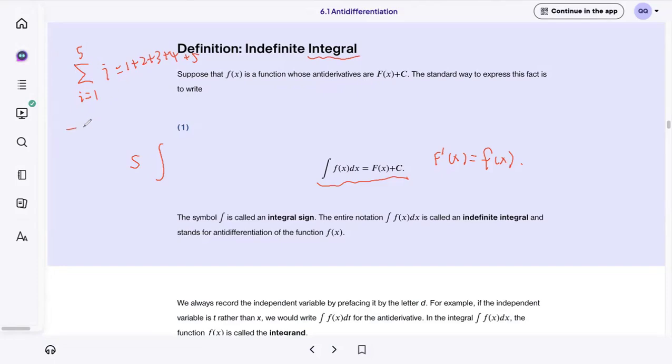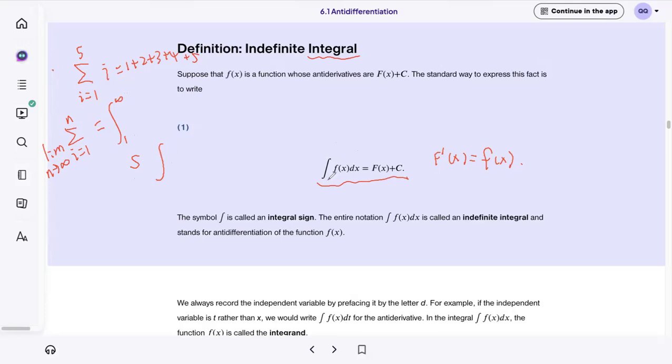If we take i equals 1 adding up to n, and now take the limit as n runs to infinity, the sign becomes something like this, 1 to infinity. So basically, this is an infinite world.